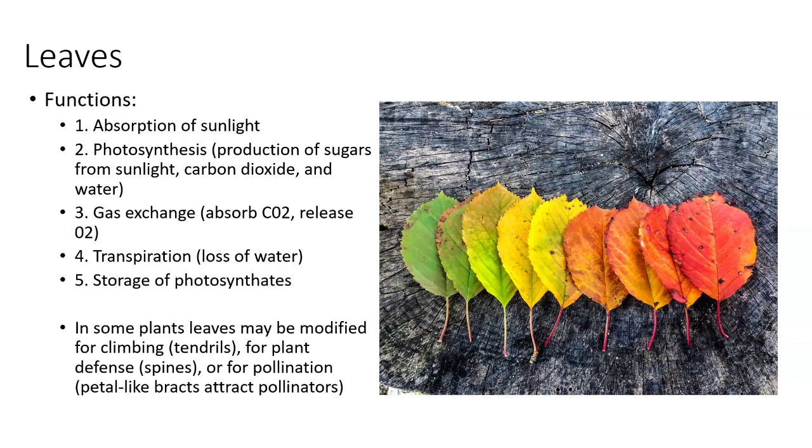The sunlight is penetrating down through the leaves and foliage of the plant, hitting the chlorophyll, and that is going to make our sugars or our glucose. Their function is to absorb sunlight. Second function is to conduct photosynthesis. Again, that production of sugars.